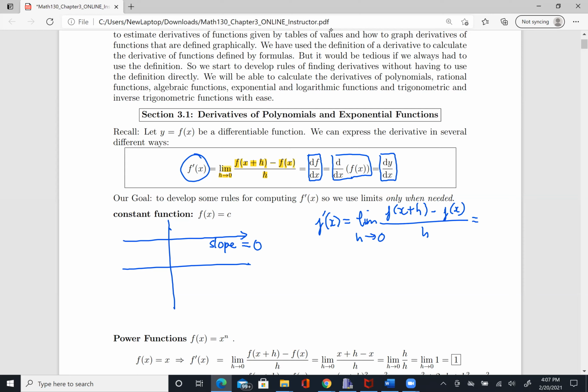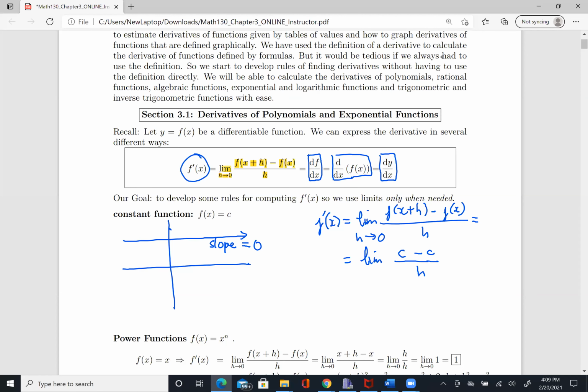will be equal to the limit of c minus c over h, because f of x equals c, right?